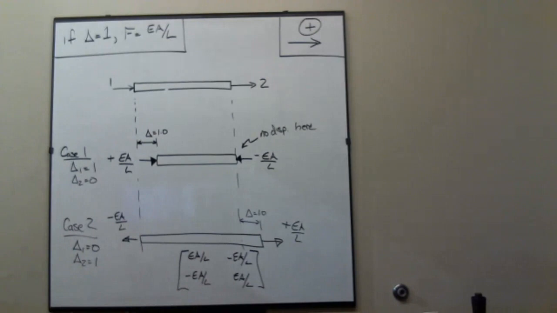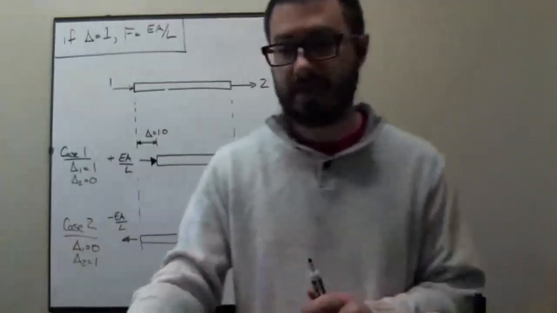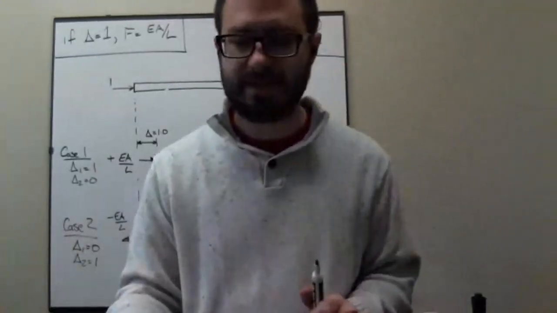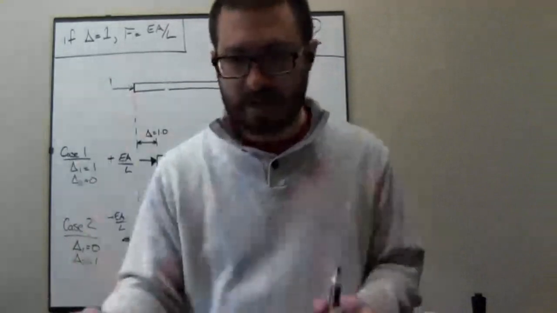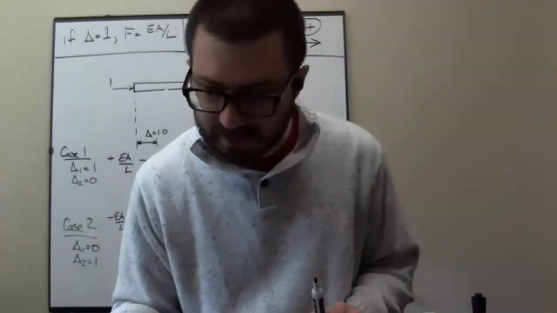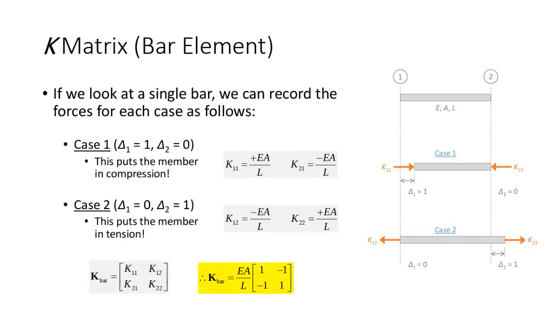It's that simple. In fact, because a lot of times it's a lot easier to write it out, instead of writing all the terms EA over L in the matrix, we just say it's EA over L times all of these.